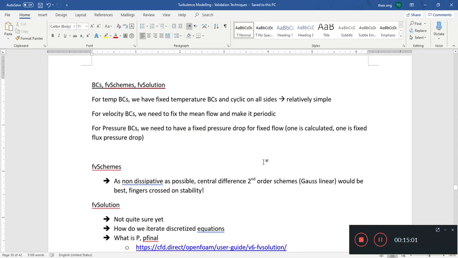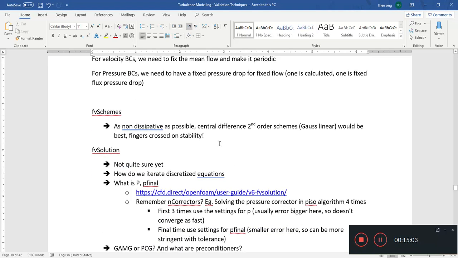Okay, that's for boundary conditions. Now looking at this, we can look at the discretization schemes. The idea for DNS, or LES for that matter, is that we want the scheme to be as non-dissipative as possible. So generally speaking, we use a second-order central difference approximation.